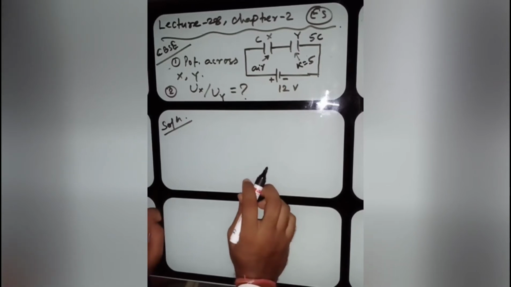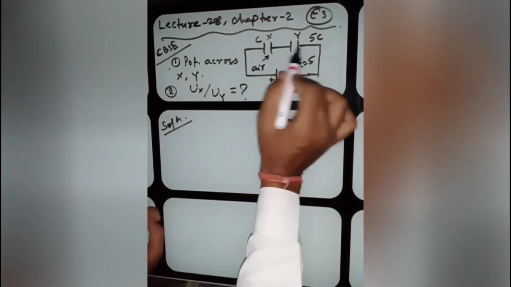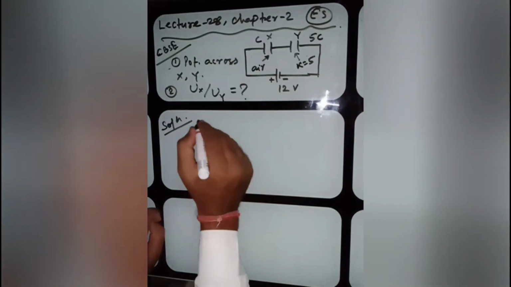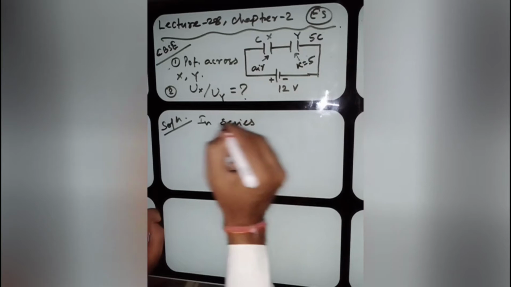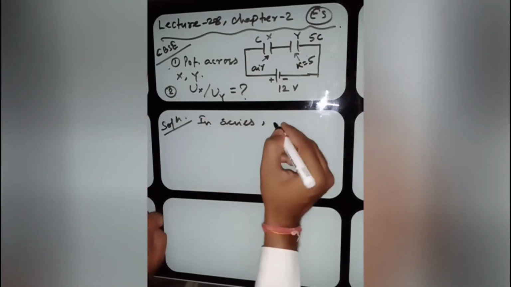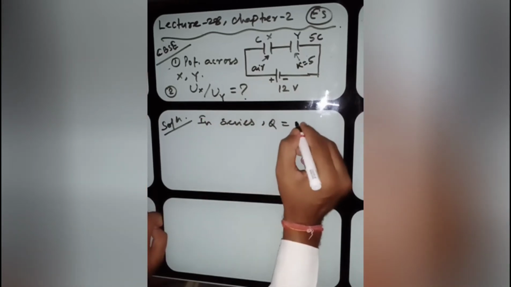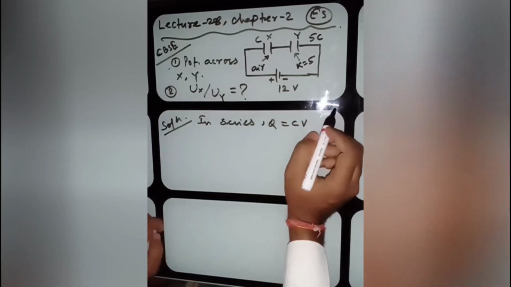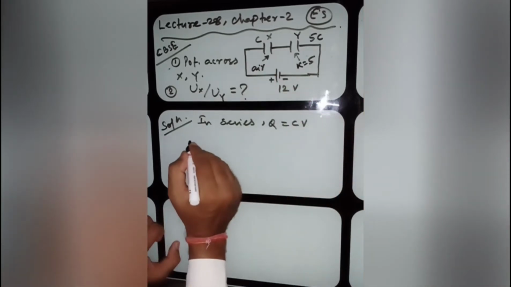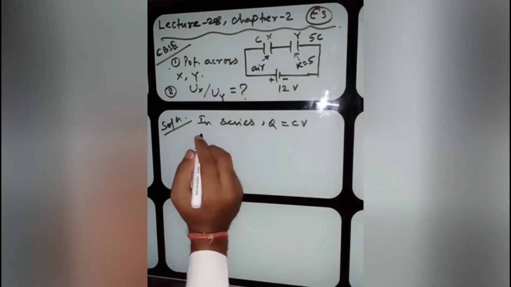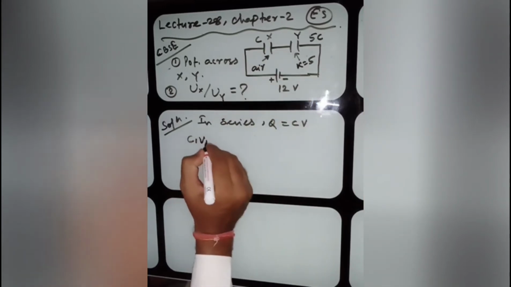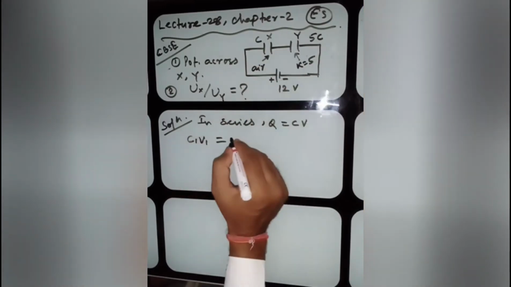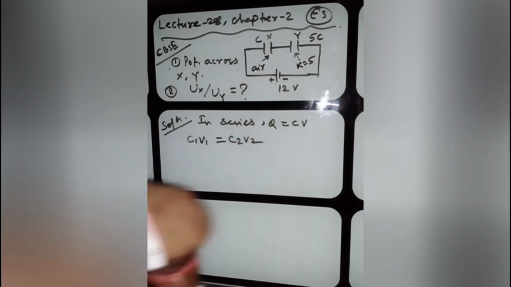Now, the capacitors are connected in series. In series, the charge remains constant, so Q equals C into V. Suppose the potentials are V1 and V2. So C1 V1 is equal to C2 V2. Am I right?